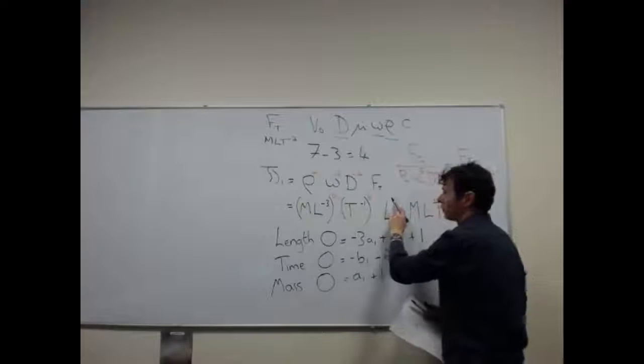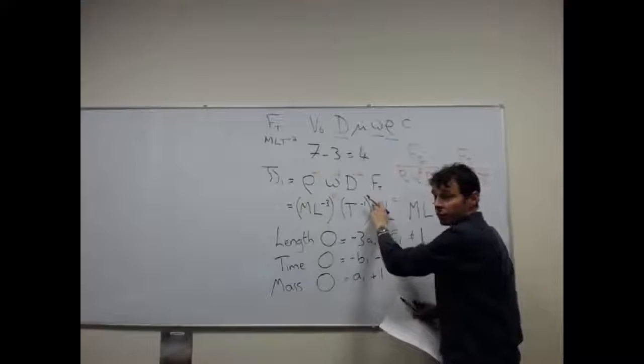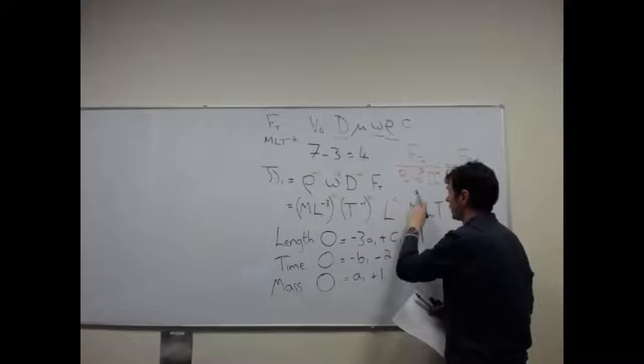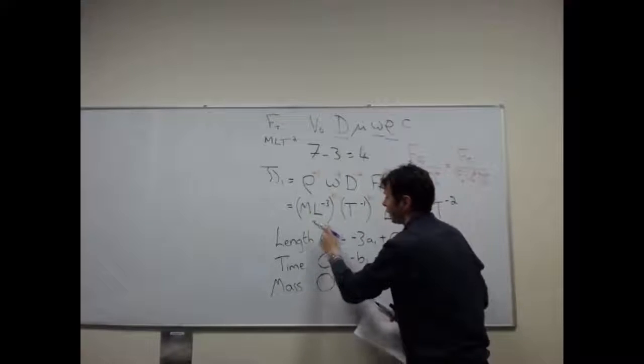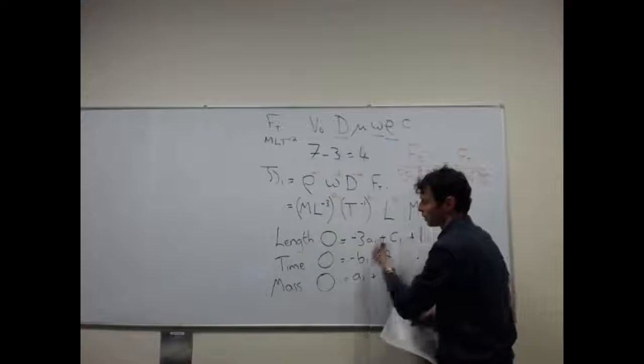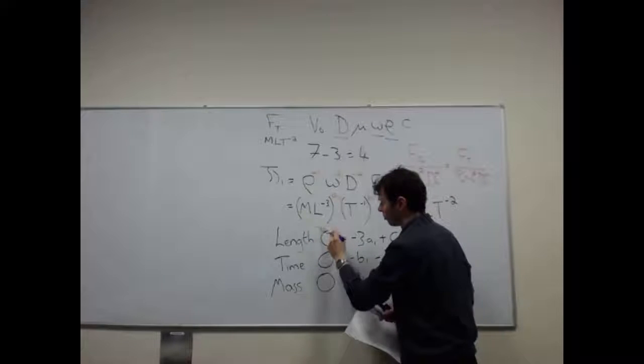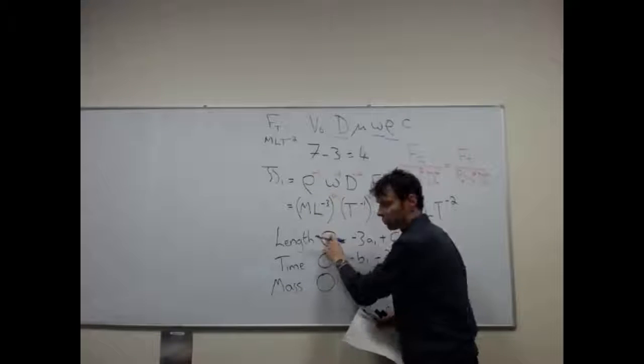We raise them all to these sort of imaginary powers. So we raise the repeating variables to these powers, and then tag on the fixed variable, put in the units, and write these expressions where the overall exponent is equal to 0.